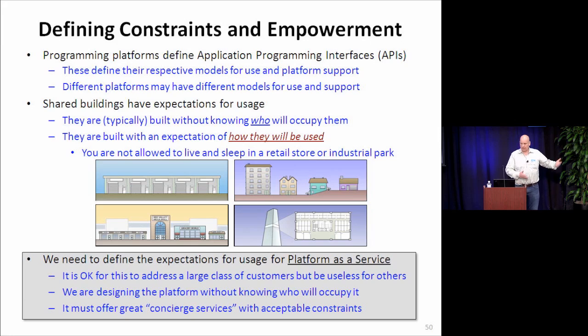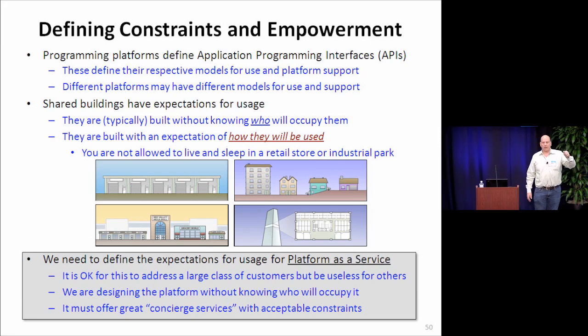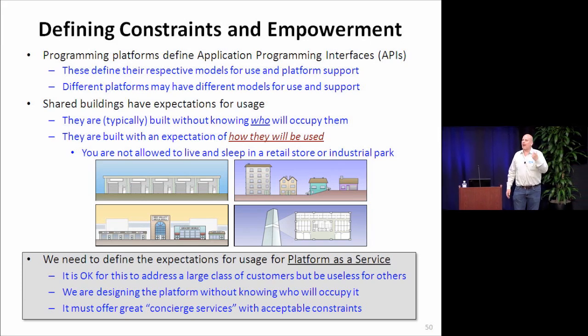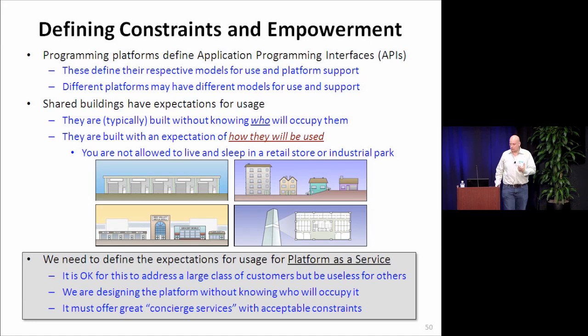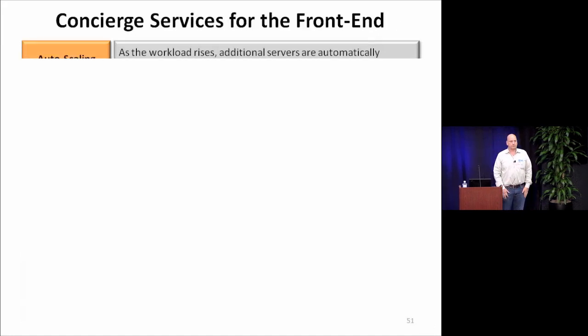They can go and run on the VMs in Amazon and write their own stuff. But software as a service, web service calls, I think that's a pretty interesting thing to target for platform as a service. And so we need to design that platform without knowing who will occupy it, but know how they will use it and what concierge services we can give them associated with those acceptable constraints.